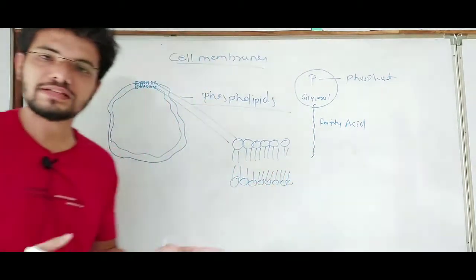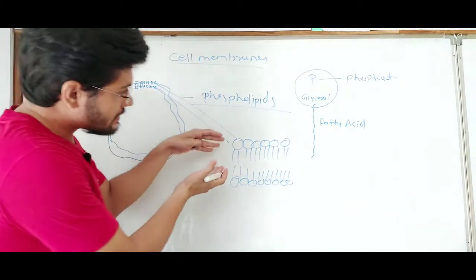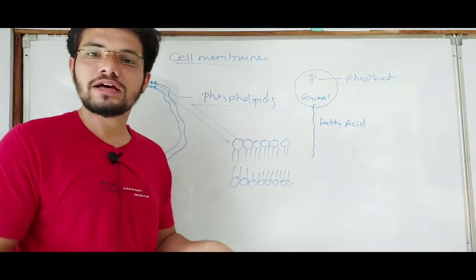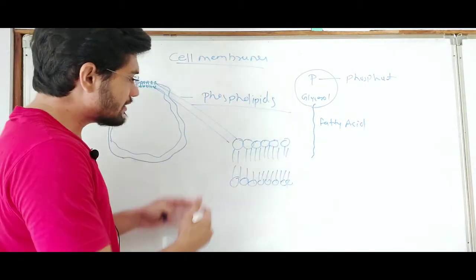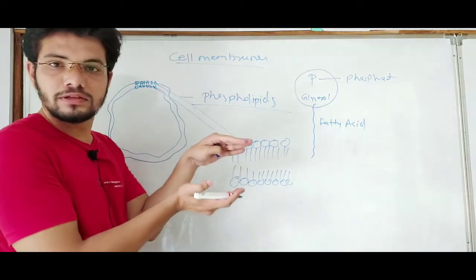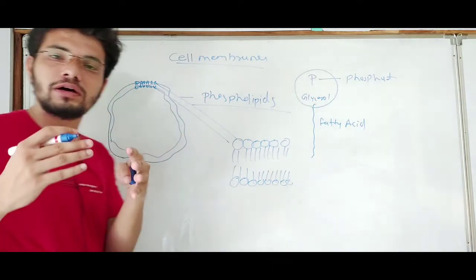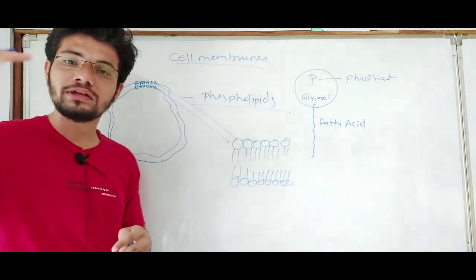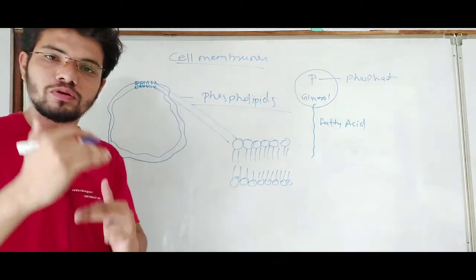So this is our cell membrane, and these are phospholipid molecules arranged in a bilayer. You may have heard that the cell membrane is made up of a phospholipid bilayer.